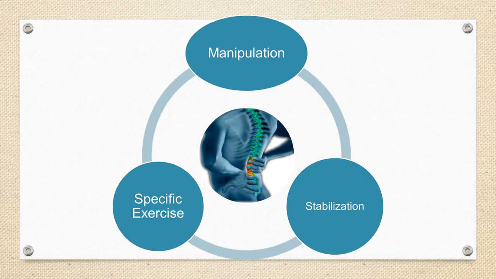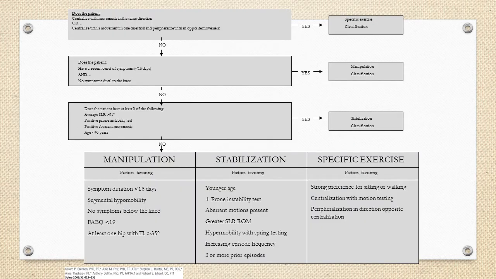The specific exercise group followed repeated range of motion exercises into flexion or extension, and the stabilization group performed trunk strengthening and stabilization. This is the basic algorithm that was used within the study, and you can simply follow the questions and the classifications into the group, as well as the manipulation, stabilization, and specific exercise categories.